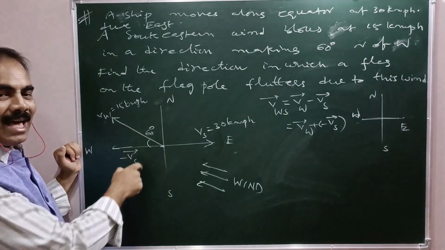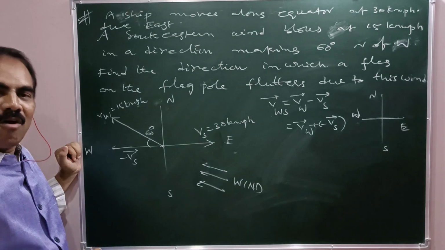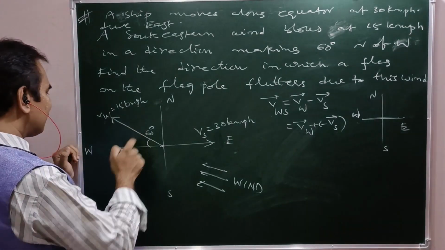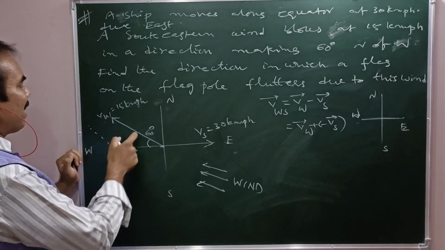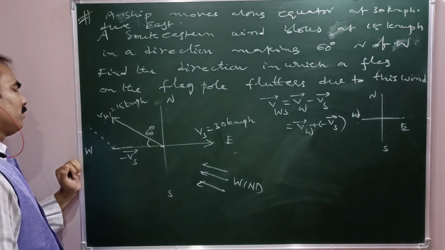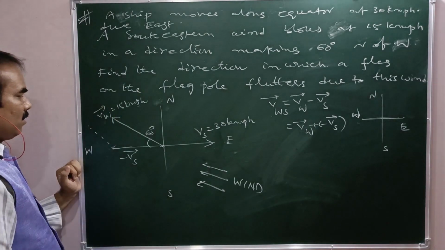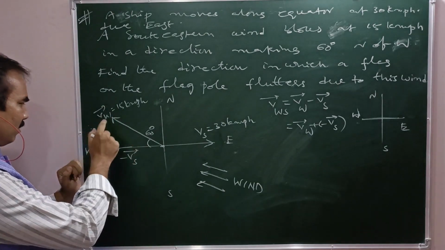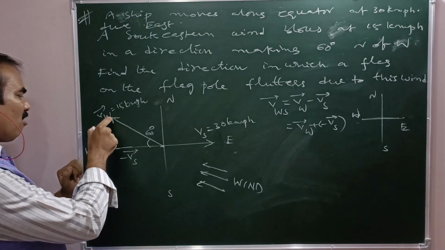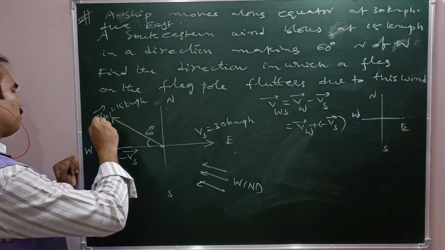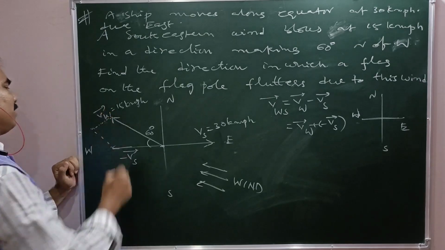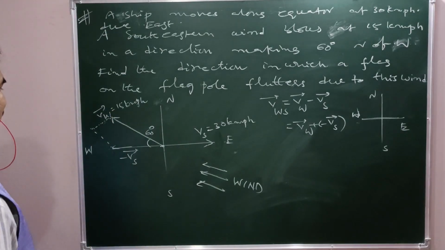If I take these two as adjacent sides of a parallelogram, I draw one side parallel to VW, and one more side to close the parallelogram, parallel to minus Vs bar.